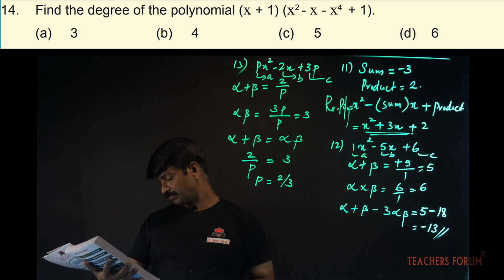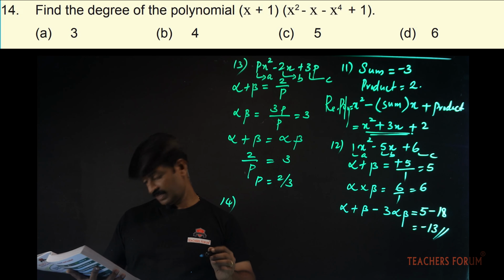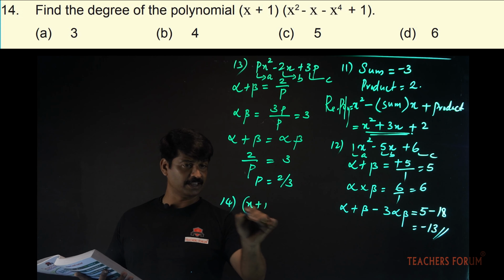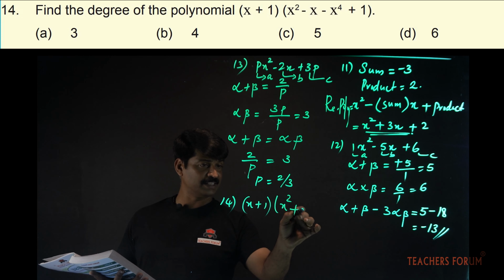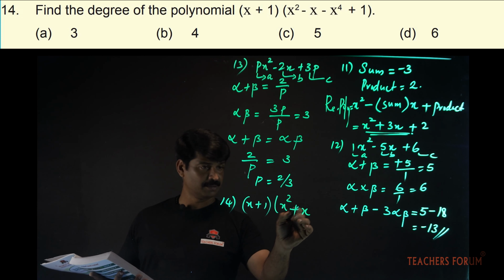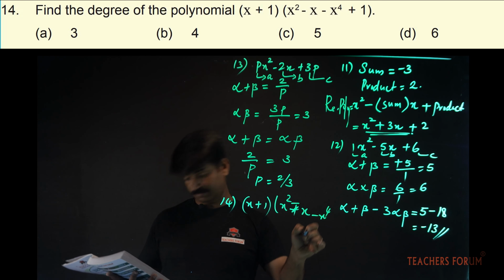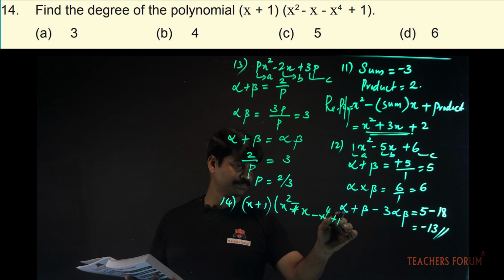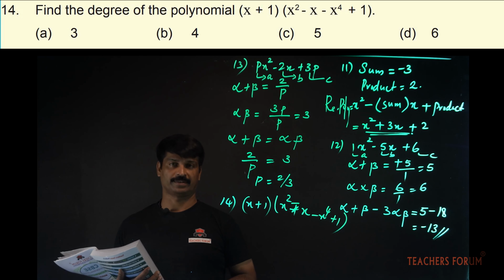Now the next one. Find the degree of the polynomial x plus 1 into x square plus x, minus x raised to 4 plus 1. Degree. What is degree? Degree is the highest power.